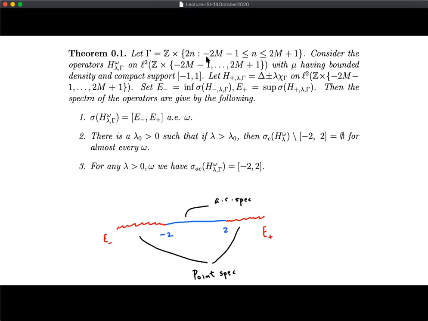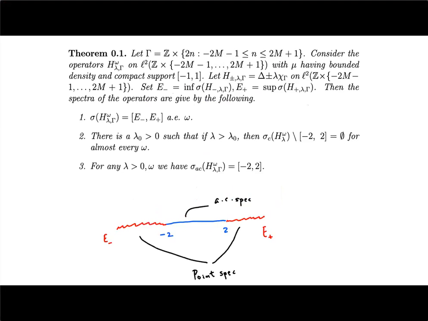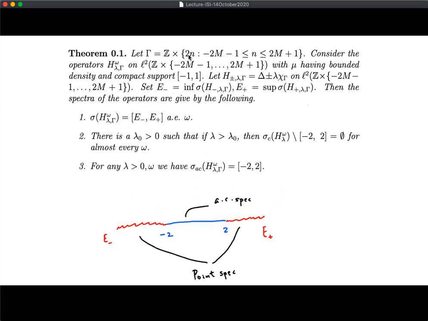If you remember, gamma is Z in this direction, where you have a Cartesian product with the finite set. There, it is all those points which are even numbers. So in other words, this is a union of lattices, union of Z, where this coordinate is an even number. So that is the lattice I've taken.